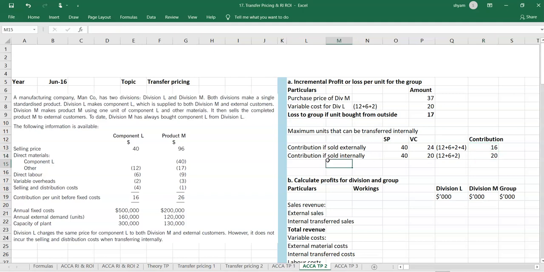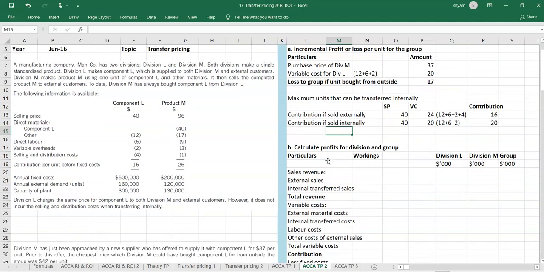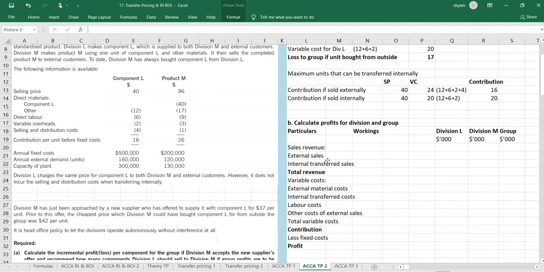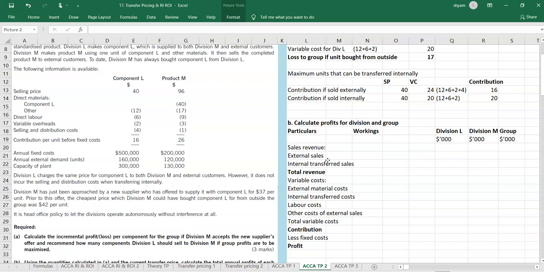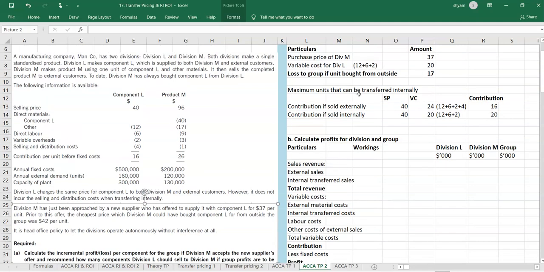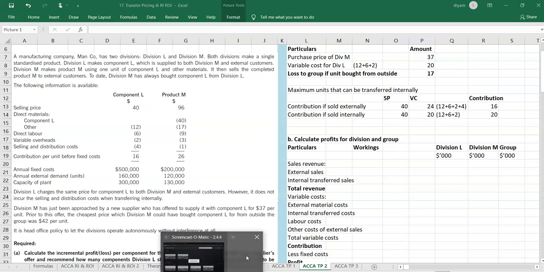Okay, so they are going to sell it at 16 here.